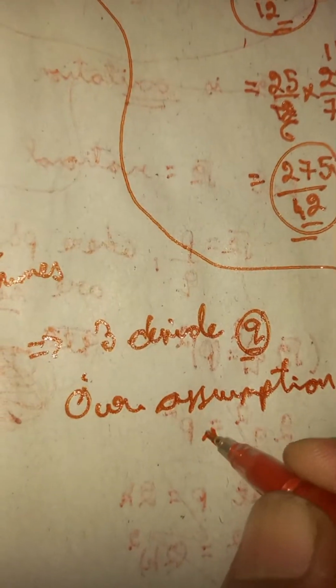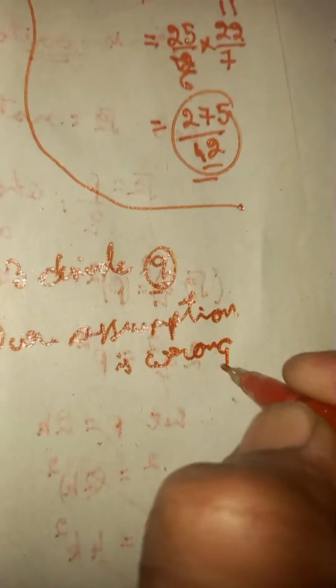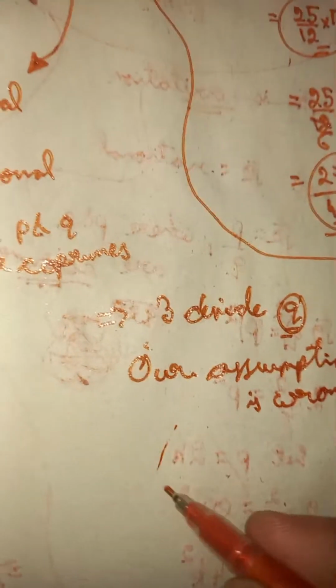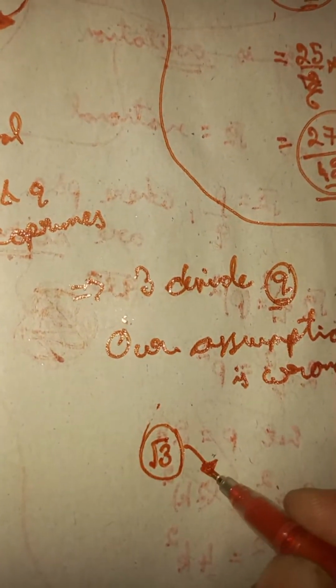Our assumption is wrong, so root 3 is irrational. You're going to get root 3 as an irrational number.